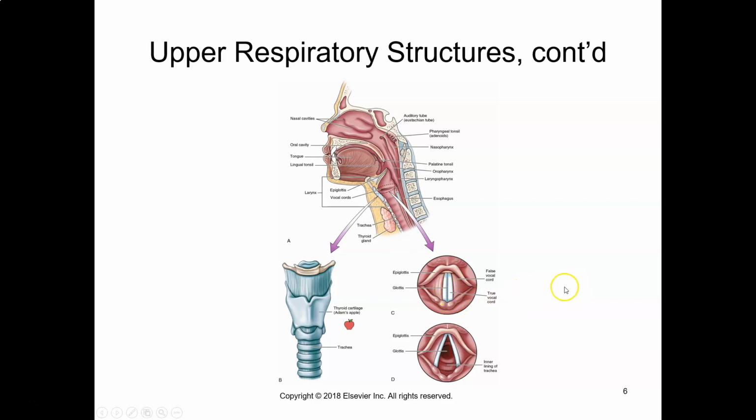It's an amazing thing to see. When someone is being intubated and put on a breathing tube, the pulmonologist inserts the tube right between these vocal cords. It's really quite amazing. And here's those cartilaginous rings we were talking about that keep the trachea from collapsing.